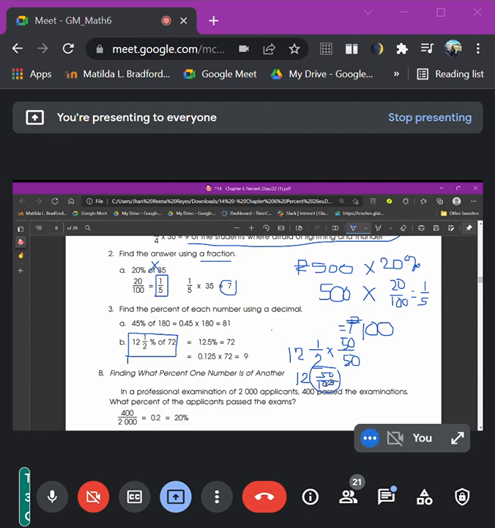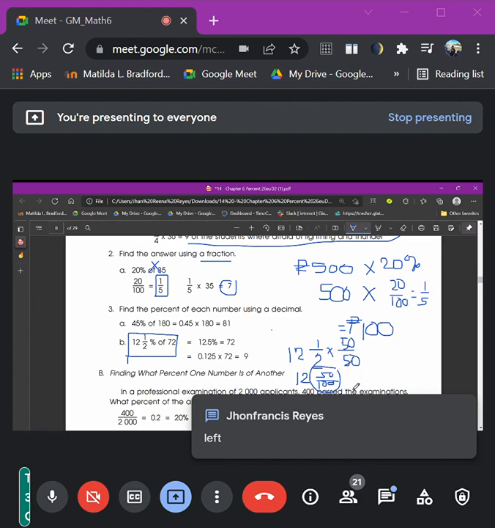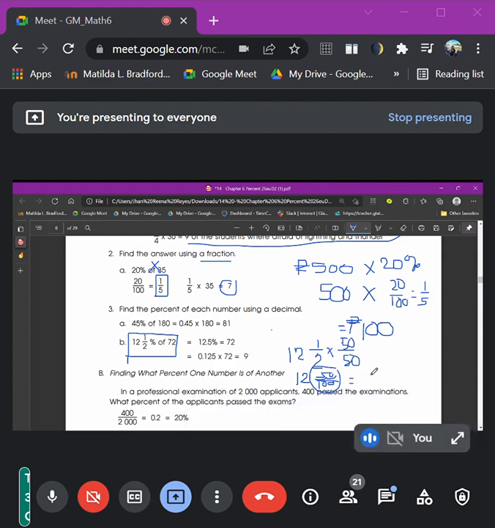So, you have there 1 and then 2. So, 50 over 100 is equivalent to 0.5. And then, since there is a whole number 12, you can simply put it as 12.5.